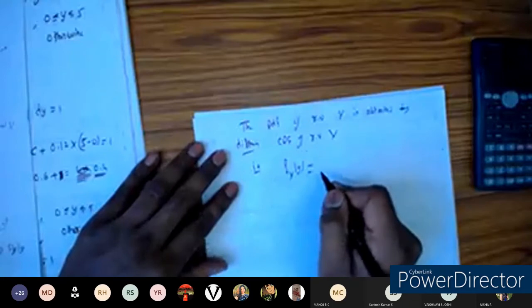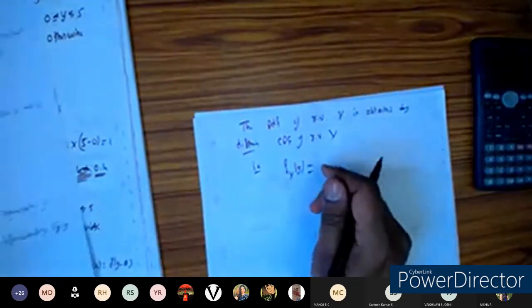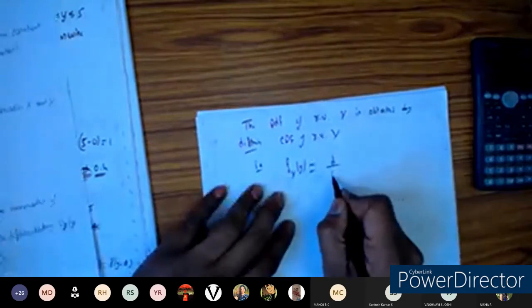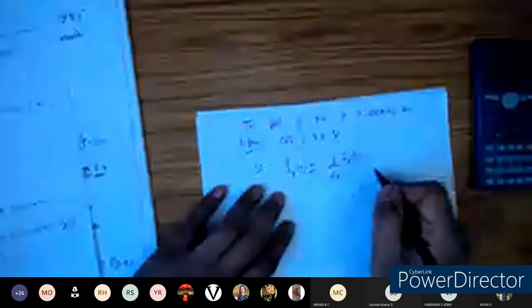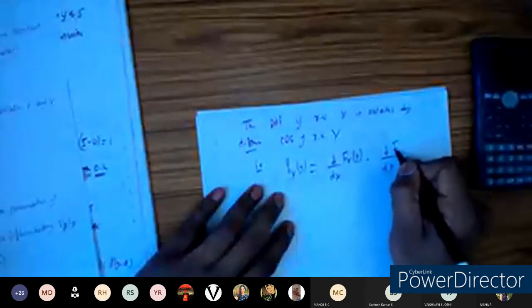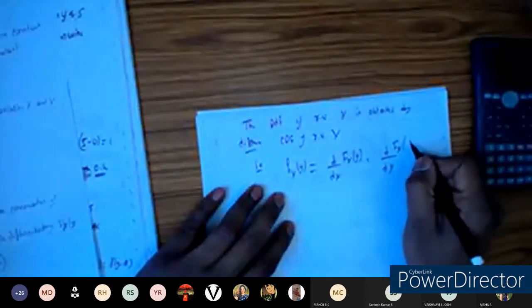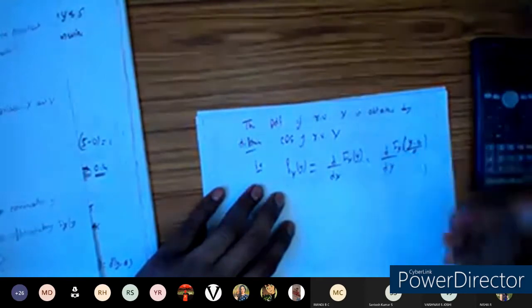So if I differentiate d by dy of capital F y of y, this is nothing but F x of (y minus b) by a.